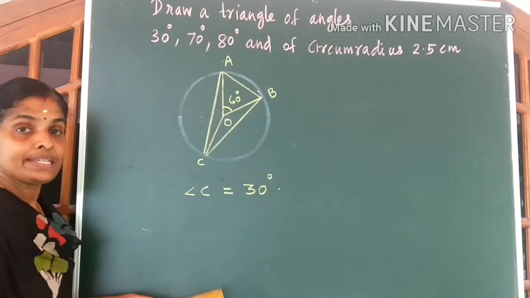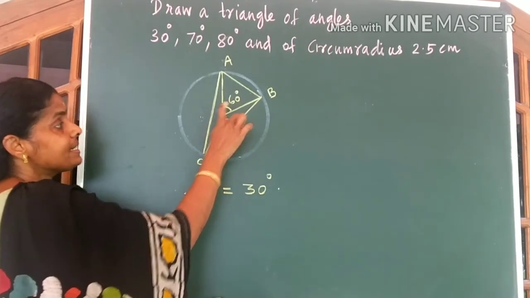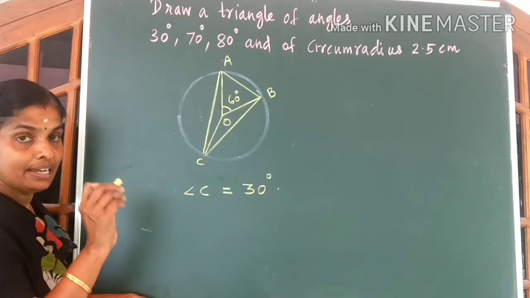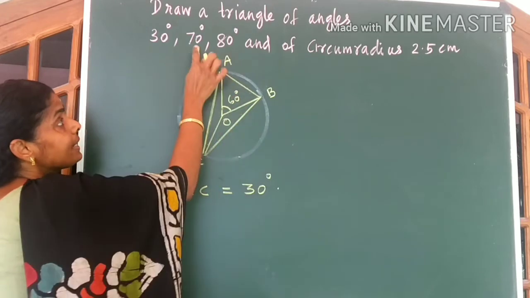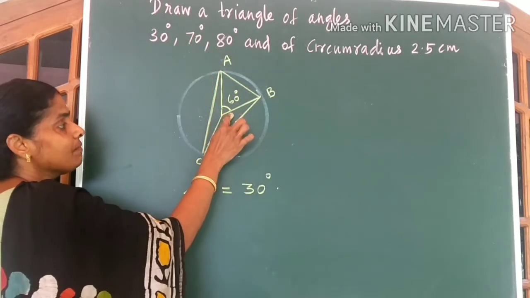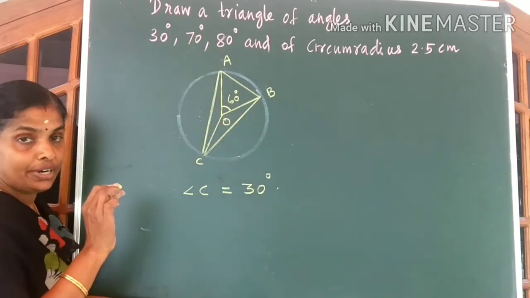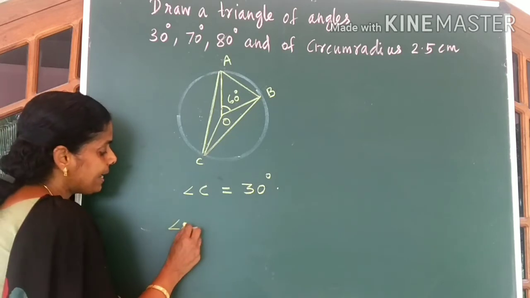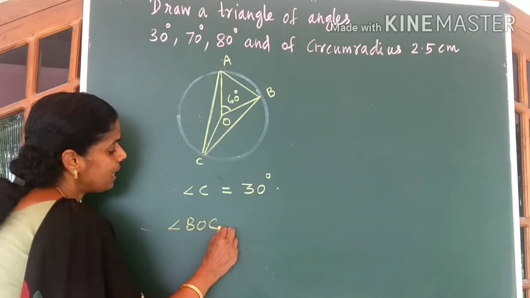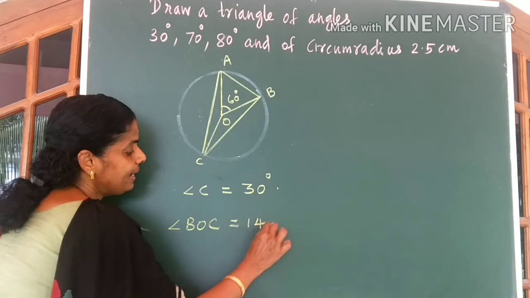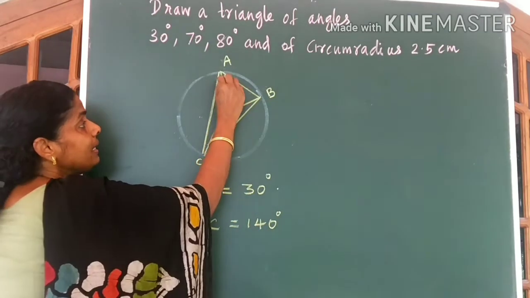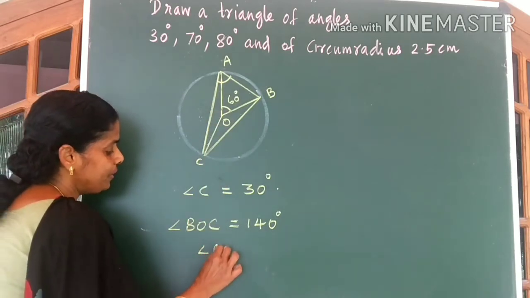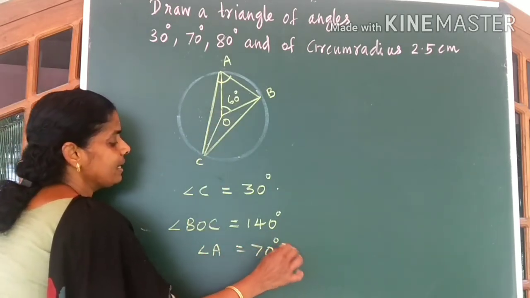It is because half of the central angle. Do you understand? Similarly, here we marked double of 70 degree, which is 140 degree. Since angle BOC is equal to 140 degree, we can say angle A to be equal to 70 degree.